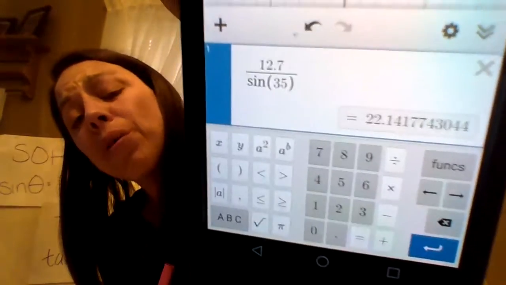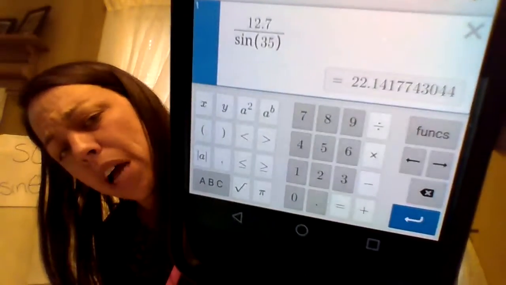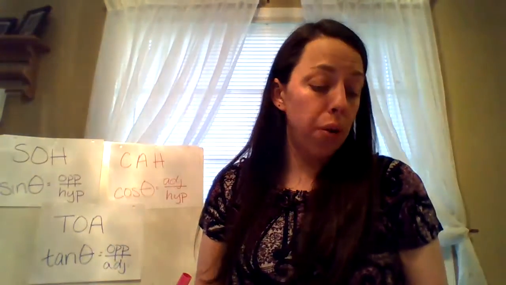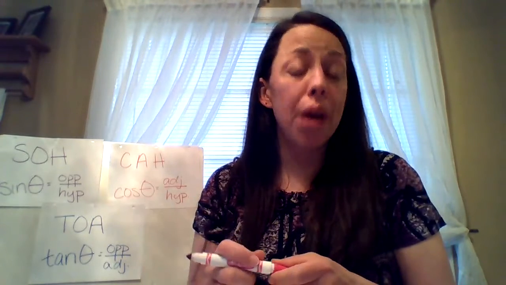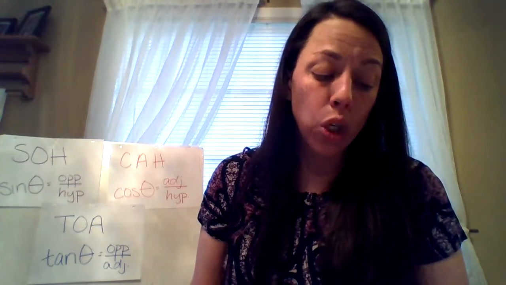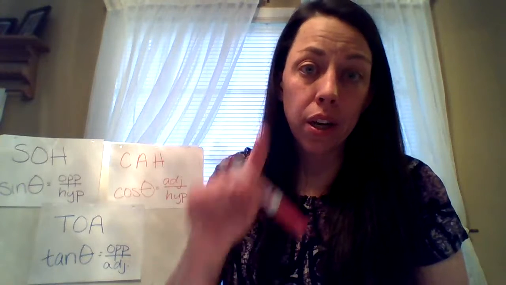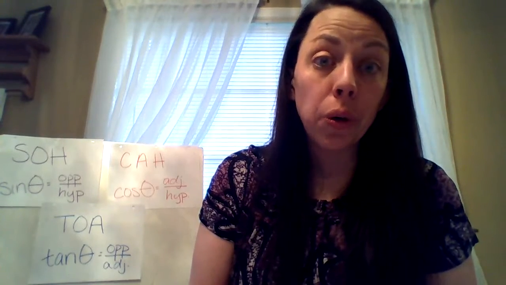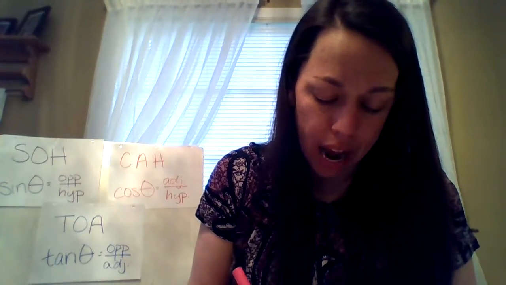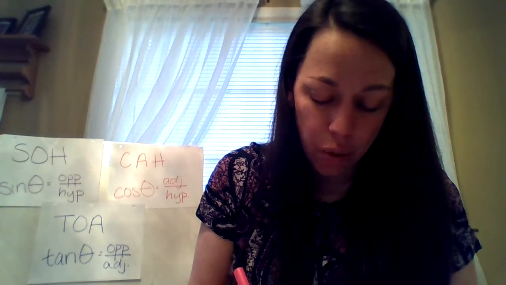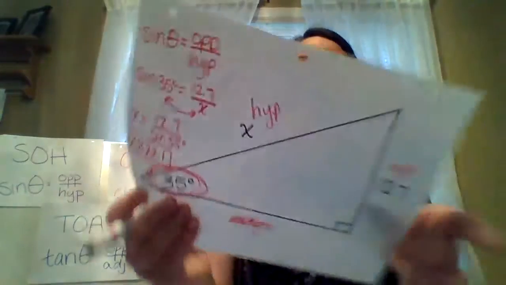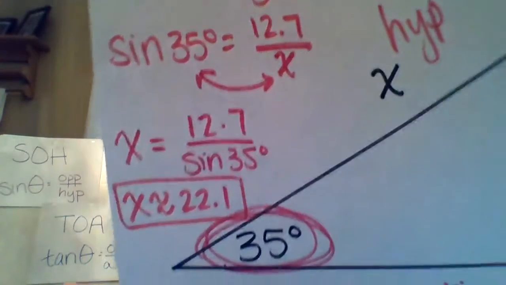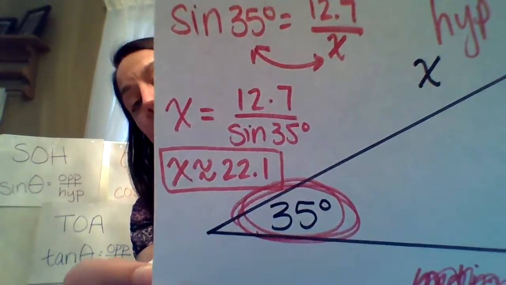Remember, because we're in degree mode, that's why we don't have to put the little degree symbol on there, equals 22.14177. Keeps on going a little bit, but it looks like my answer should be 22.1, because that would round and stay as a 1. And so my answer for example number 4 is about 22.1.